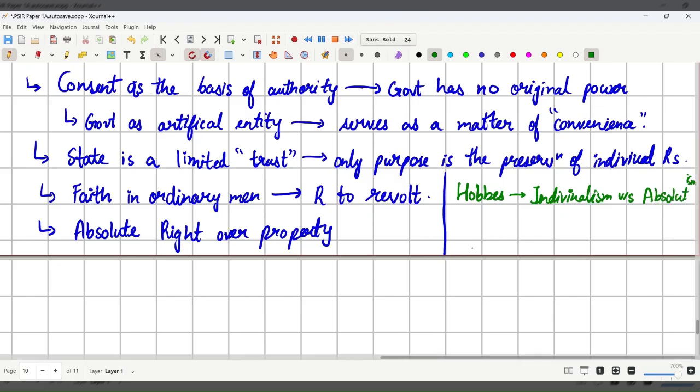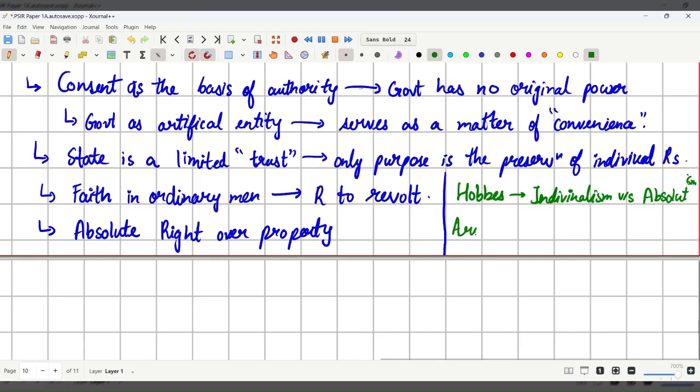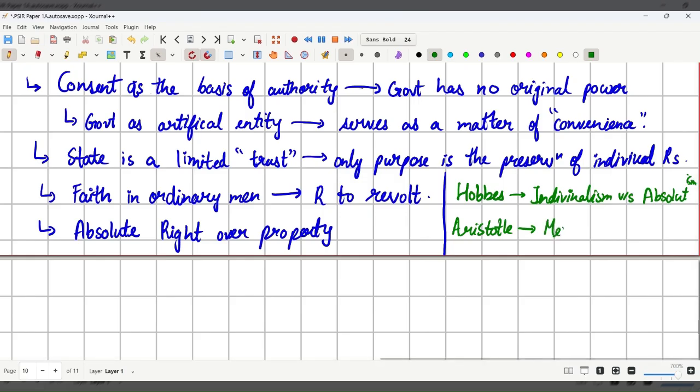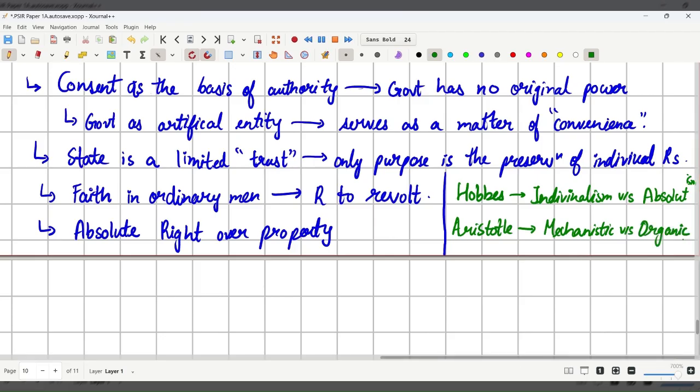Then you can also link Aristotle here: mechanistic versus organic state. Then you can also link to the modern rights framework, like UDHR.